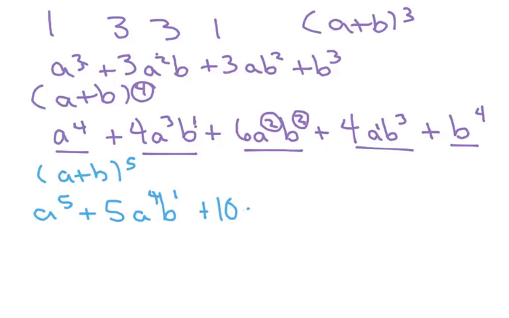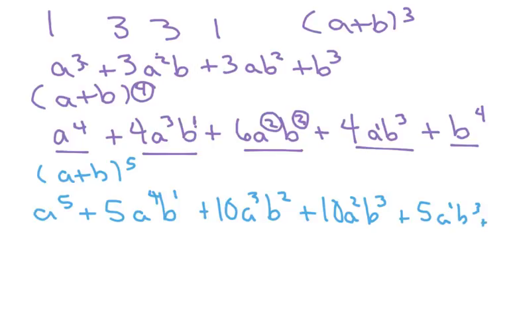All right, 10a cubed b squared plus 10a squared b cubed plus 5a to the first b to the 4th, sorry, plus b to the 5th. And technically you could write this as a to the 5th times b to the 0. But b to the 0 is 1.